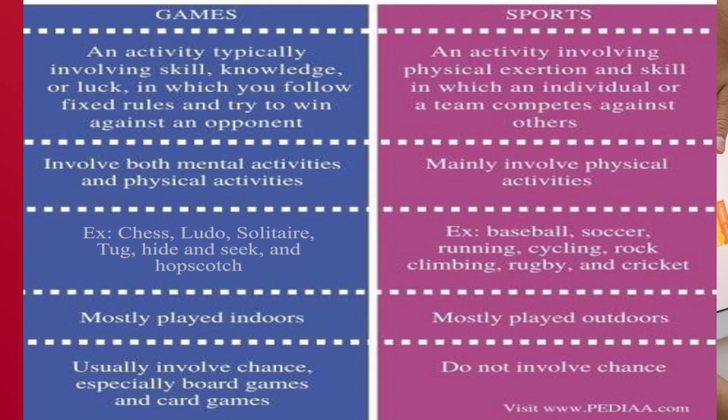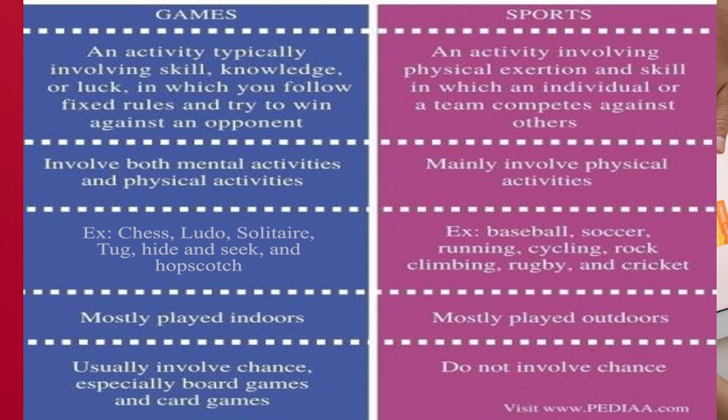Now, dear teachers, we should know the difference between a game and a sport. Now, what is a game? As you know, a game is an activity typically involving skill, knowledge or luck in which you follow fixed rules and try to win against an opponent.